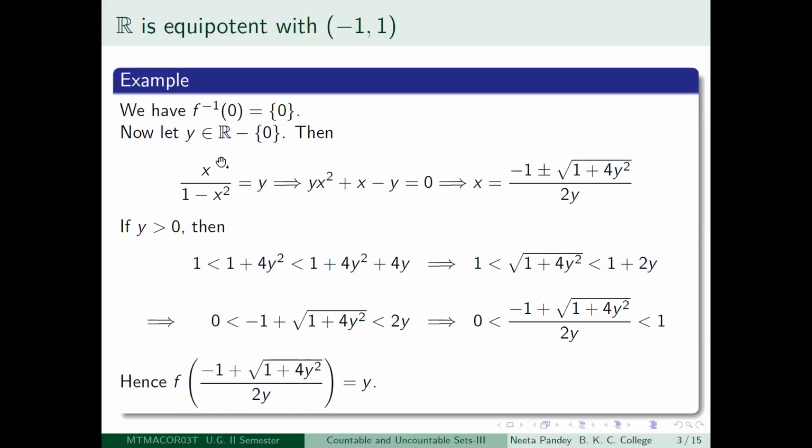So let me just make a slight detour and digress a little and tell you why I'm calling it a point. See, in the last lecture, or a few lectures back, I had explained why the numbers in R and the points on a straight line are in 1-1 correspondence.